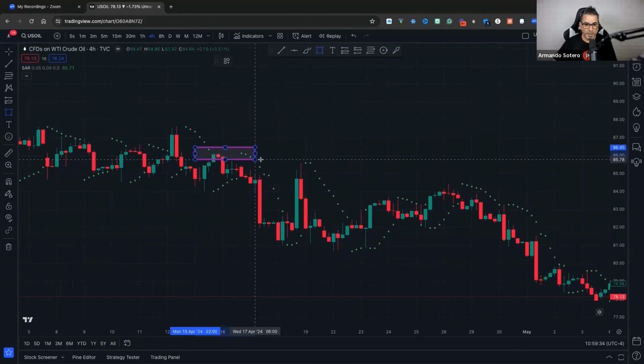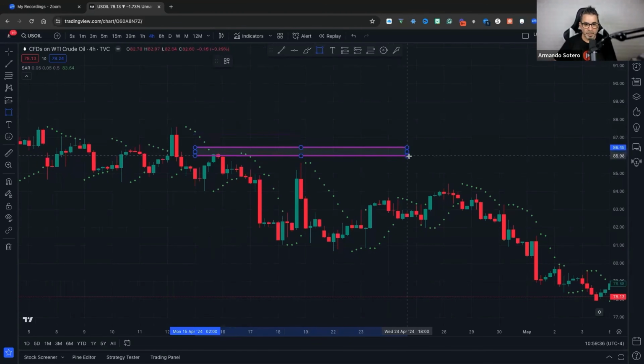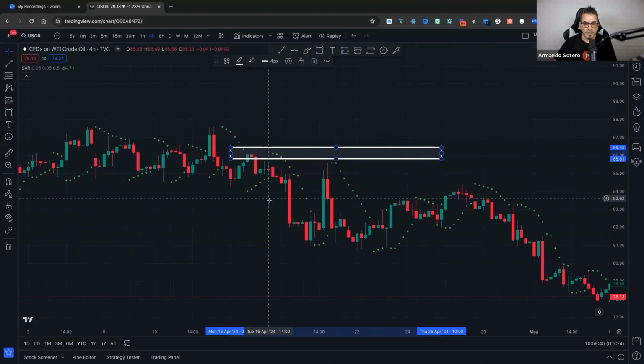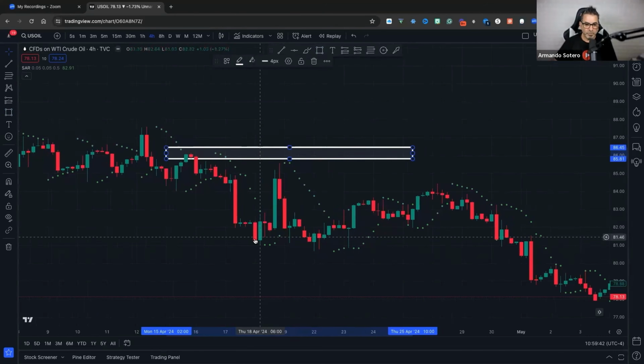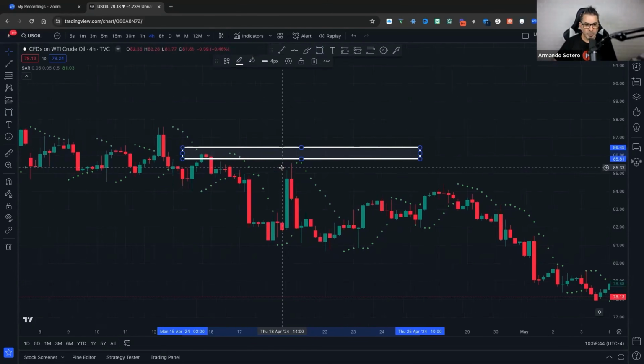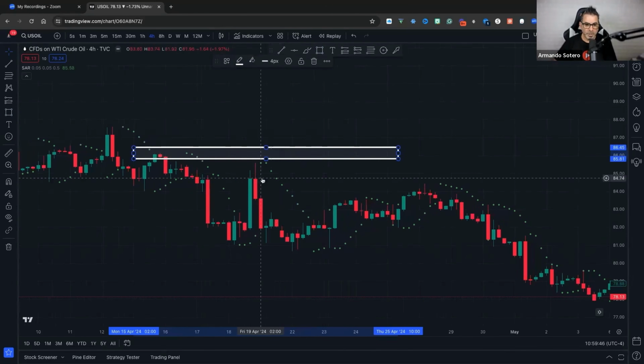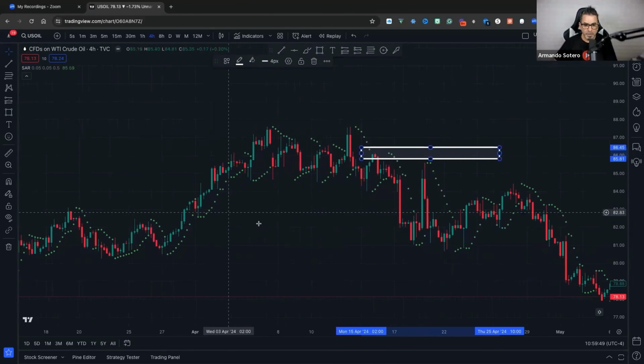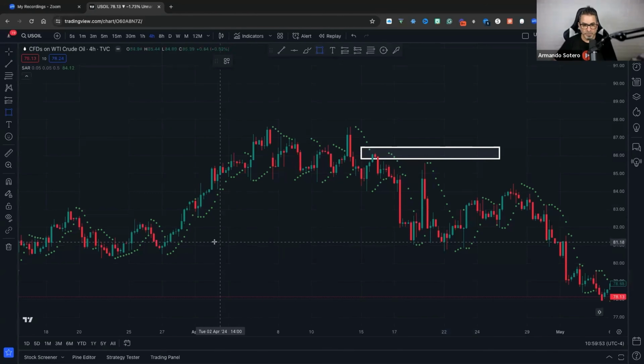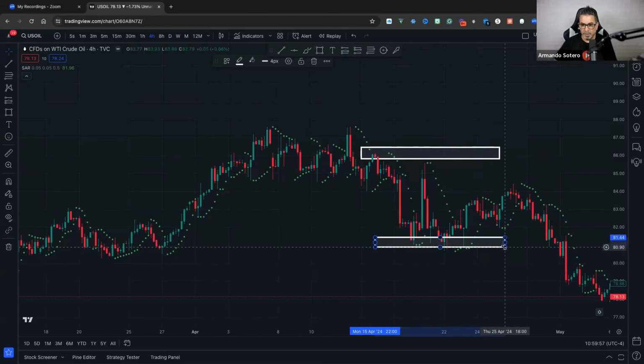So if we had this marked up as a previous area of resistance, and let me make that white, then we're looking for price to come back up to this particular area. You can see right here that we had both a support level at the bottom and then this resistance level at the top. And we'll just go ahead and mark that there.